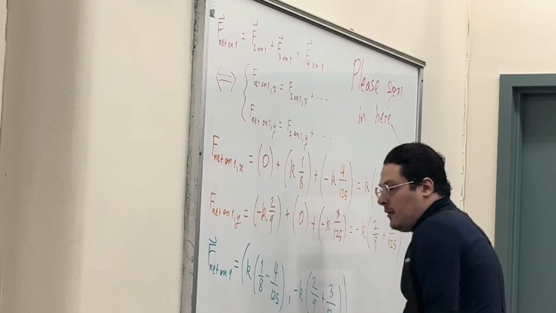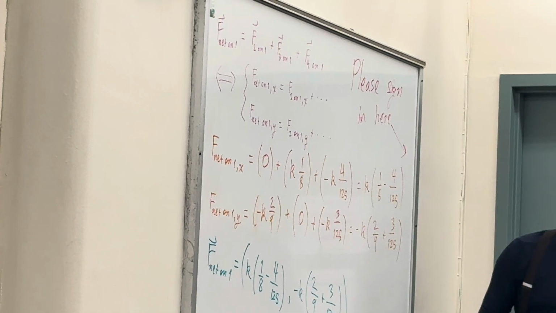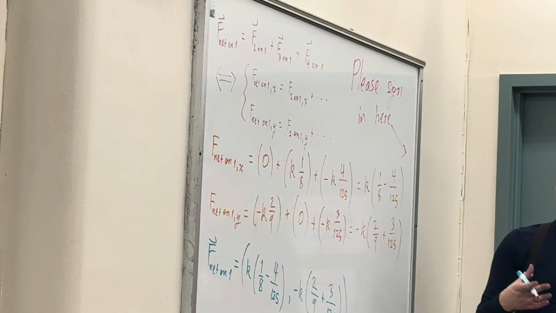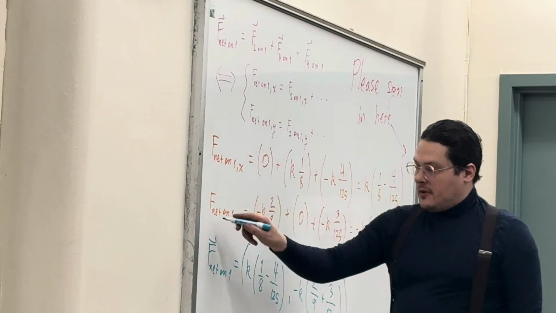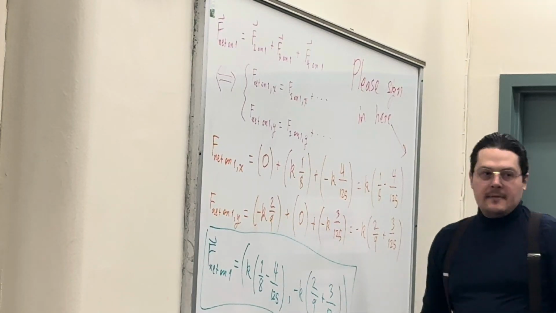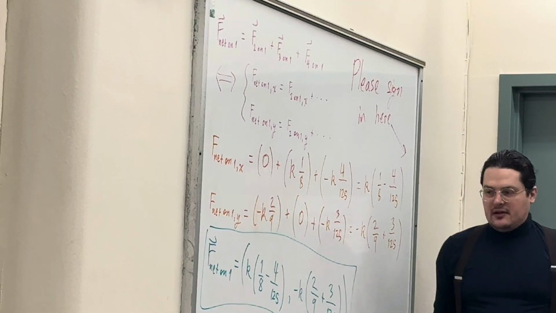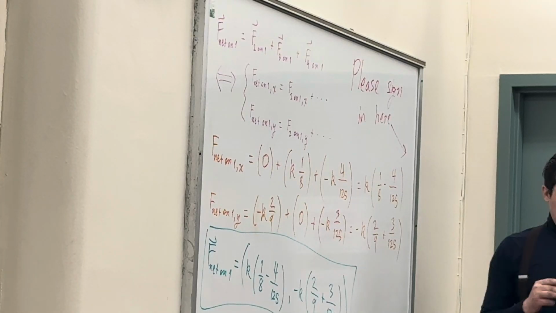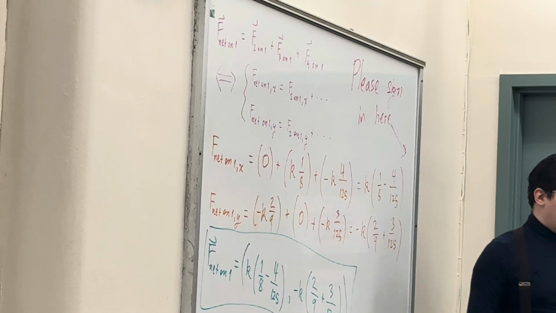It looks horrible, but we were able to get there systematically by breaking it down into pieces and then putting it all together. k is a particular number that you put in. Okay, is that good? Everyone clear on that?